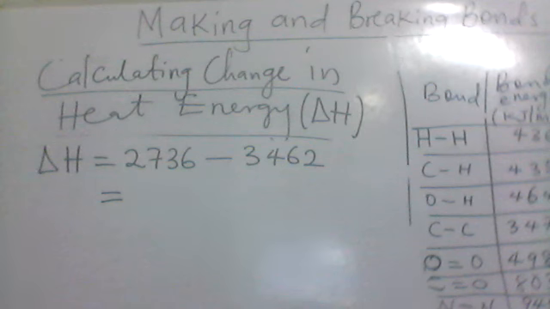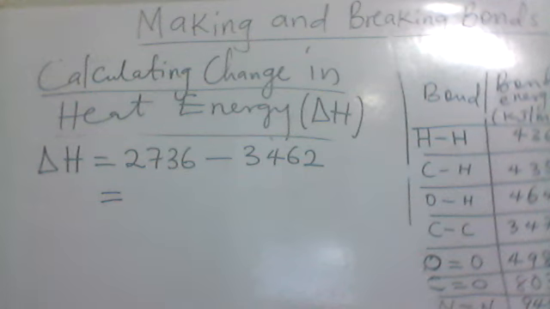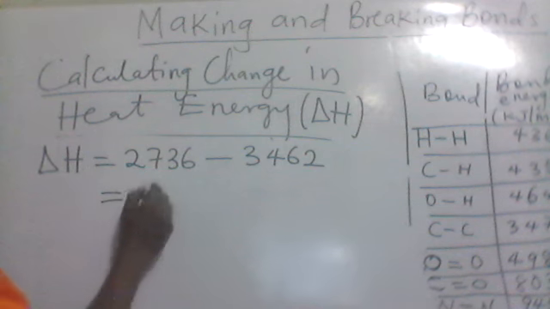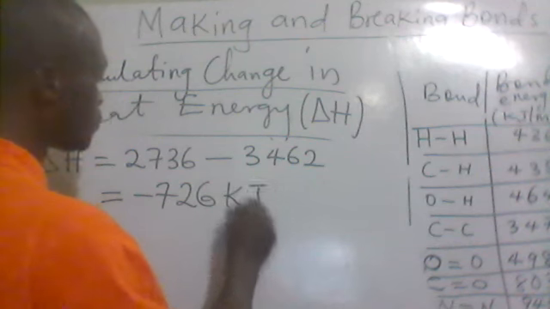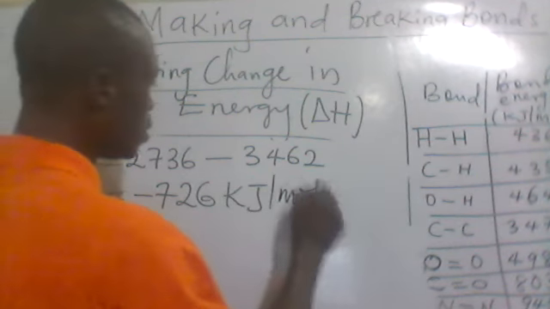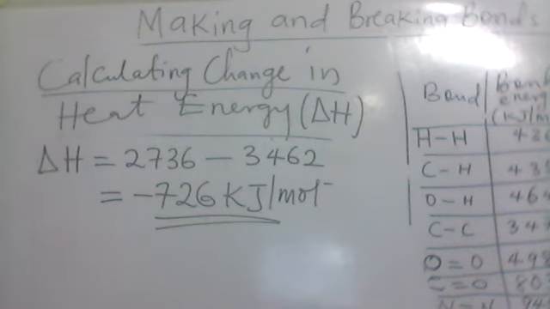Our change in heat energy is going to be a negative value, definitely, because this is bigger than this. So we have minus 726 kilojoule per mole. This is our change in heat energy of the reaction.